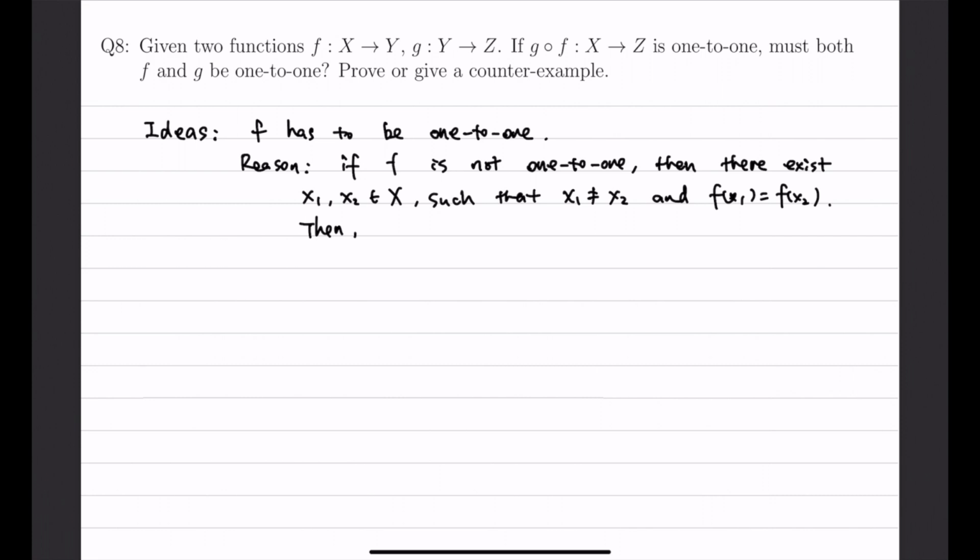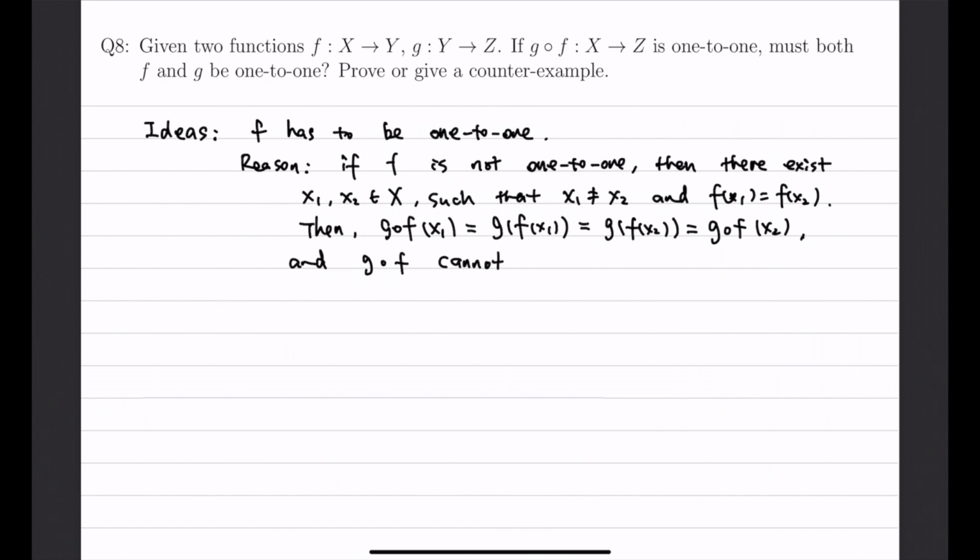Then, if you look at g compose f now, you see g compose f of x1 is equal to g of f of x1. And since f of x1 is equal to f of x2, we can replace it. We get g of f of x2, which is g compose f of x2. And g compose f cannot be one-to-one. So f has to be one-to-one.